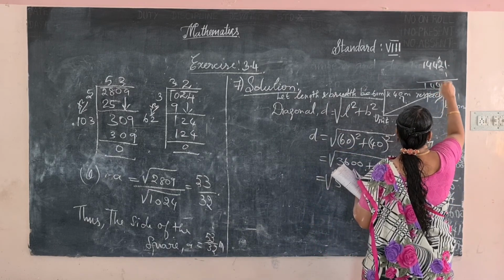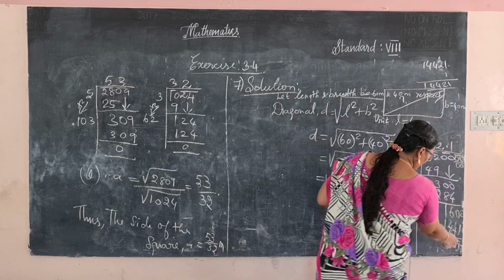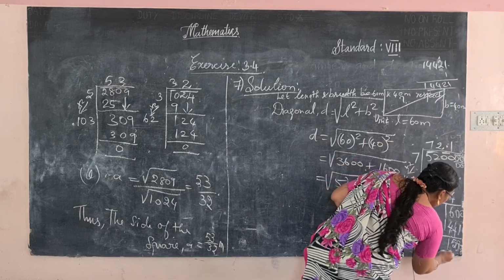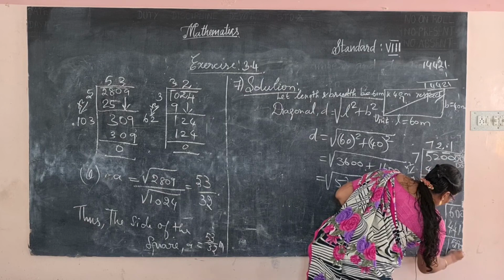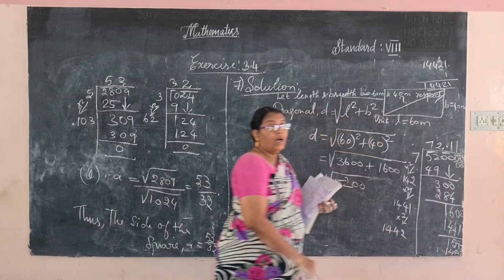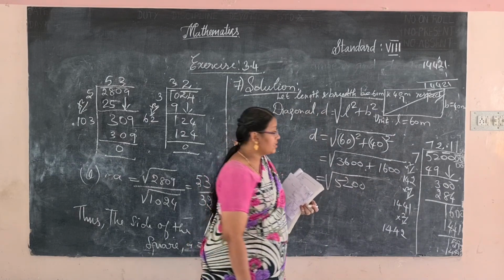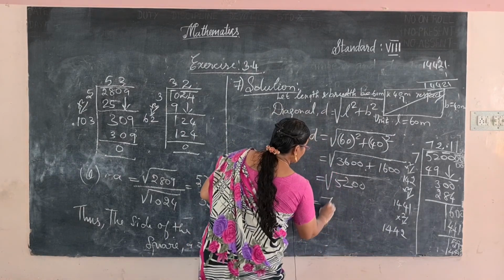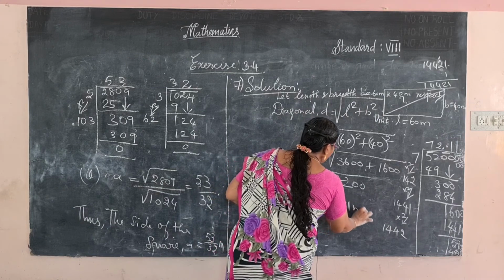So 14,421. Here we already have 15,900. Stop with this because we need to write up to 2 decimal places. So the answer is 72.11 meter.